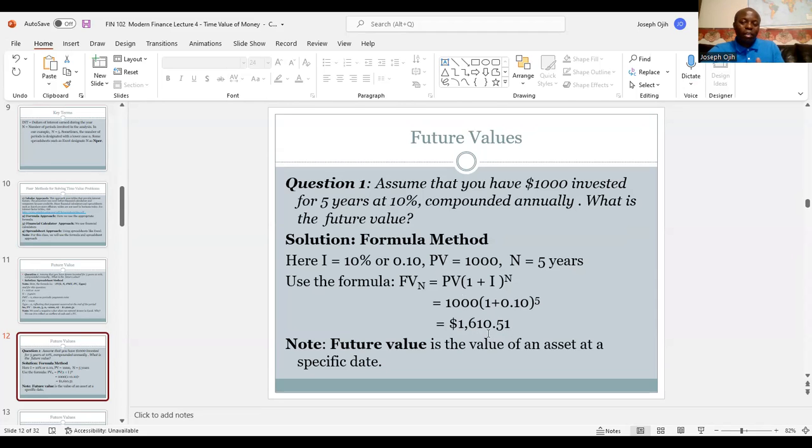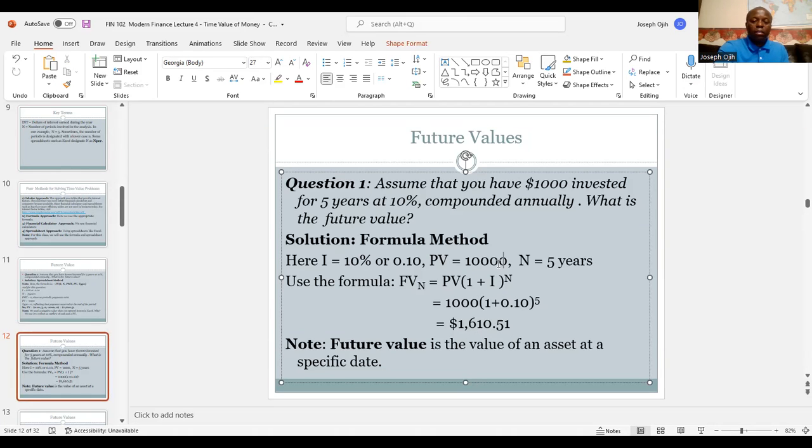Now this might look small to you, but because you invested only $1,000. If you are rich and invested $1 million, how much will it be? All you have to do is to go to the calculations and make this $1 million. Let's say that this is $1 million that you invested, and it's 10%.